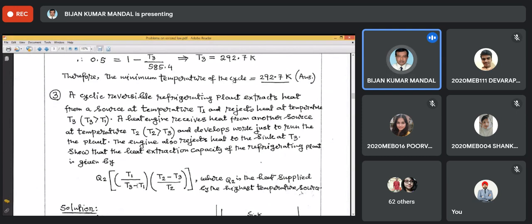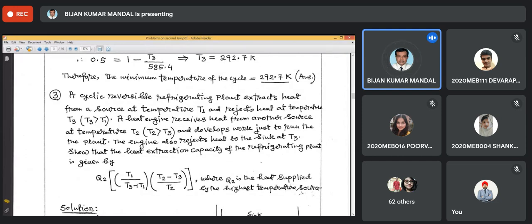So the output power of the engine is equal to the input power of the refrigerator. The engine also rejects heat to the sink at T3, because that engine has to reject heat, and that is the same temperature T3 where the refrigerator is also rejecting heat.